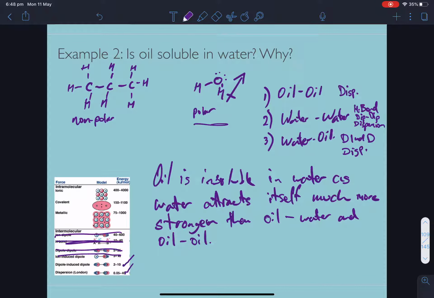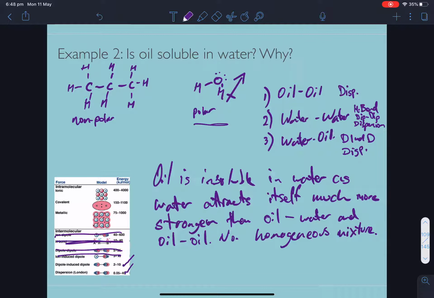So we don't get a homogeneous mixture. Should I write that down? I'm probably spelling this wrong. Homogeneous mixture. Terrible spelling. That's why oil doesn't mix with water and it remains immiscible.